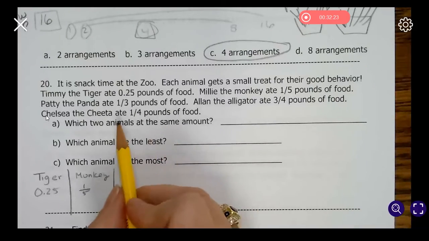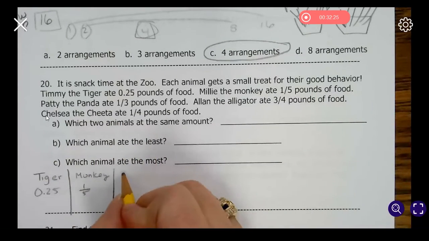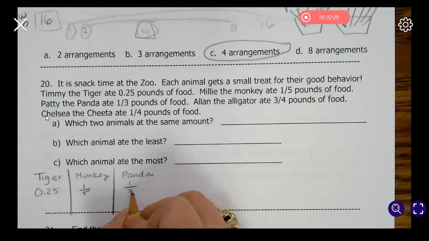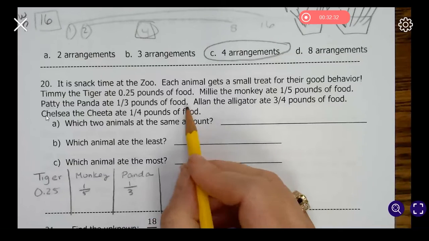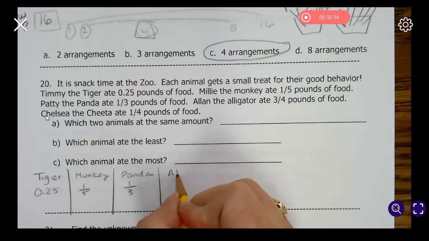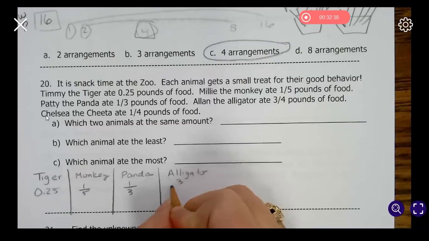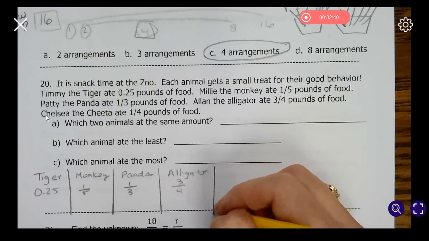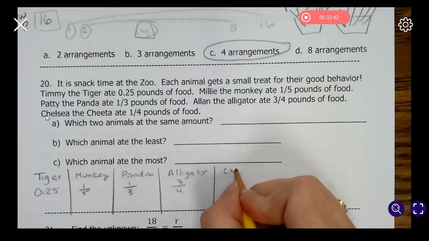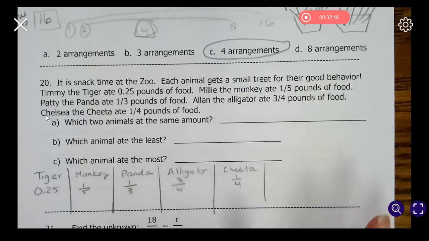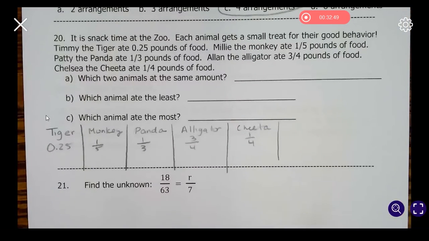And then the panda, 1/3. And then the alligator, 3/4. And then the cheetah with 1/4. All right, now I have to say, I would probably turn these into decimals.